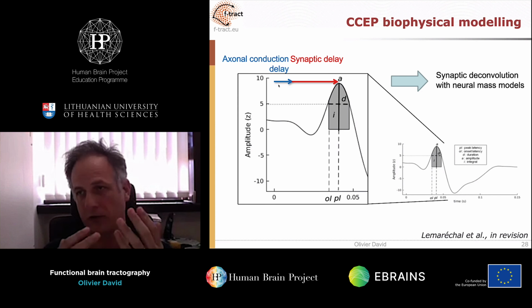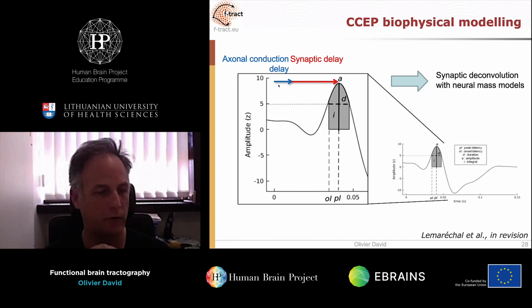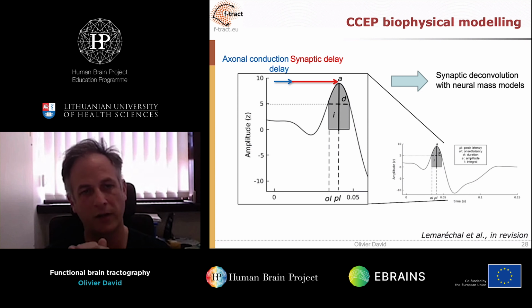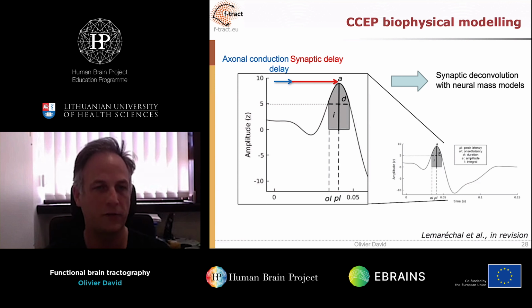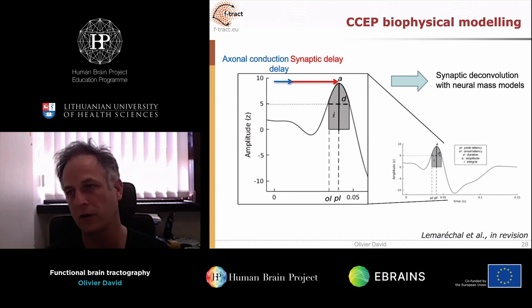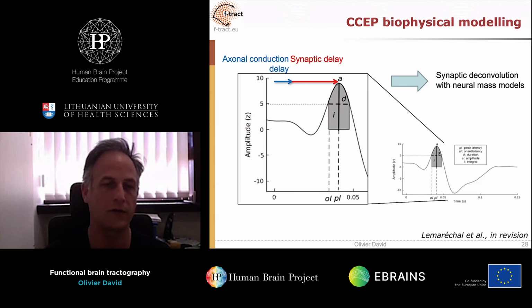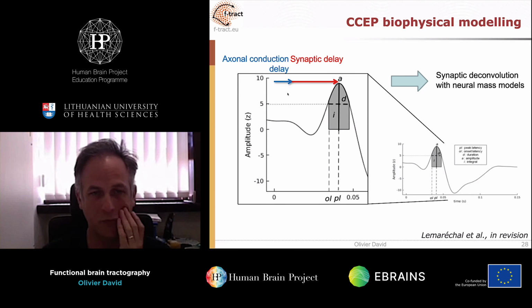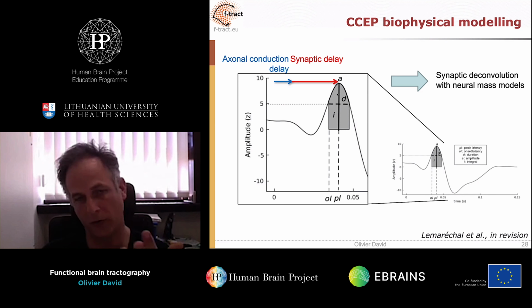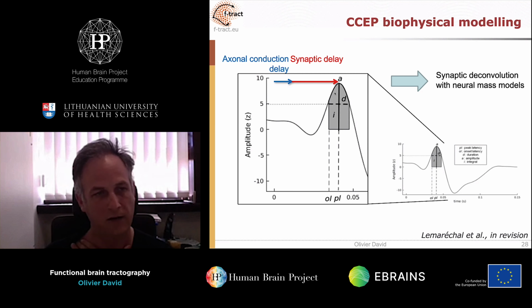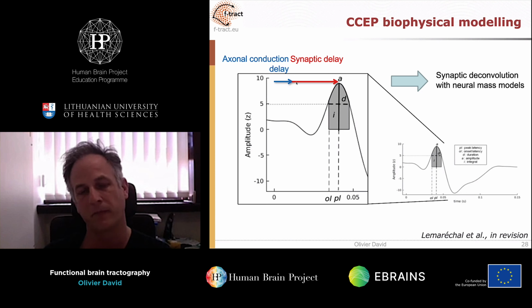But when the signal arrives at the recording areas, there is a synaptic delay, because what we record in electrophysiology is a postsynaptic potential. It is not the action potential. So there is a huge synaptic delay, which means that when we estimate a delay from the raw SEEG signals, we overestimate the axonal conduction delay.